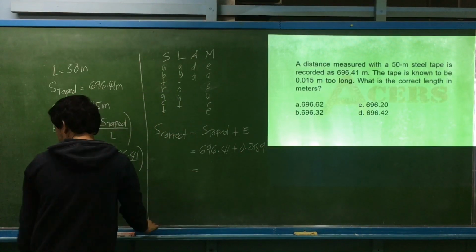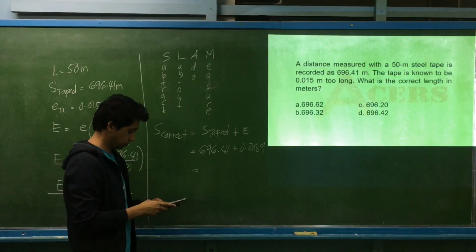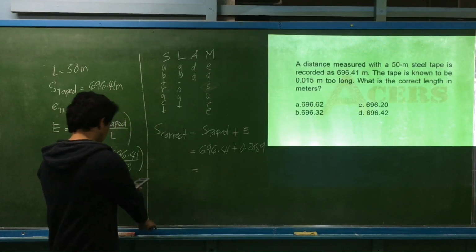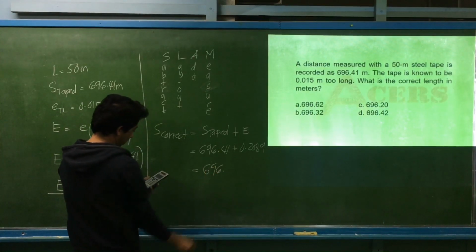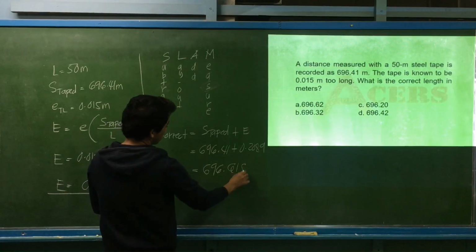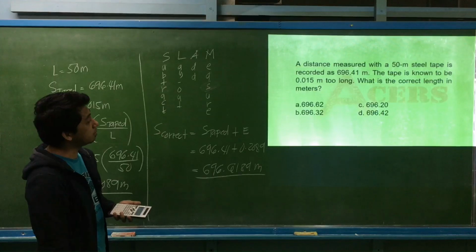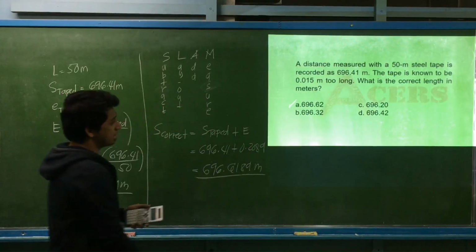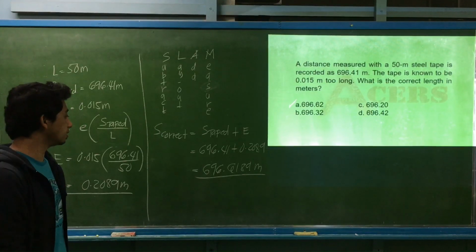So this is now the correct distance, which is equal to 696.6189 meters. So 696.6189, the closest is letter A, 696.62.